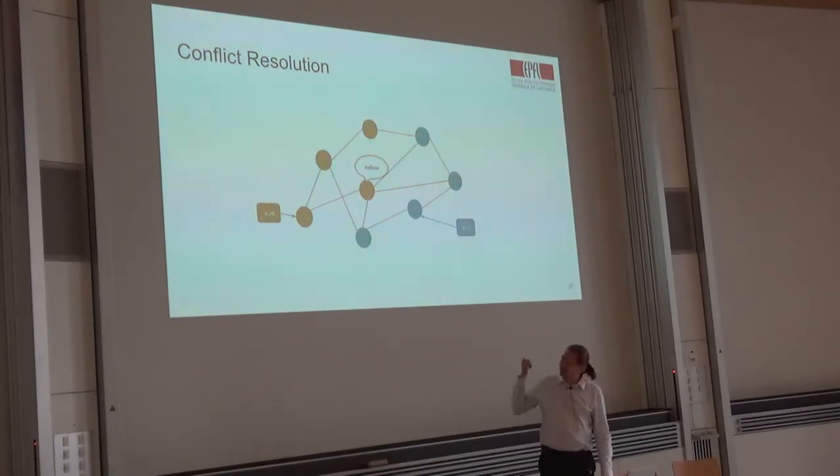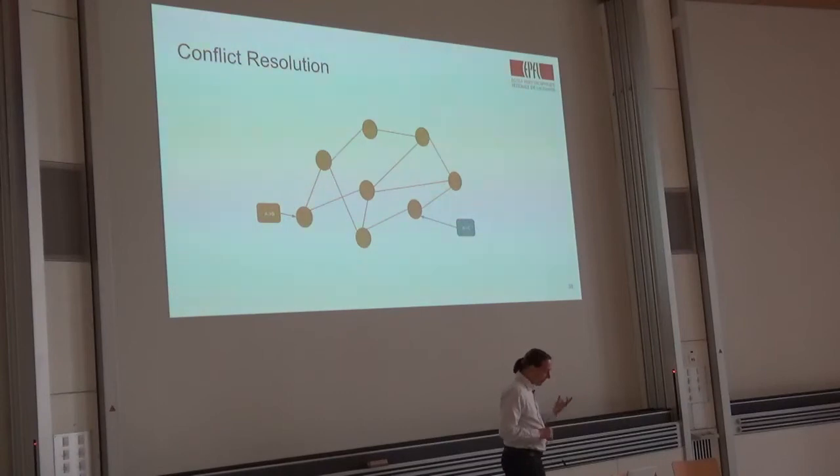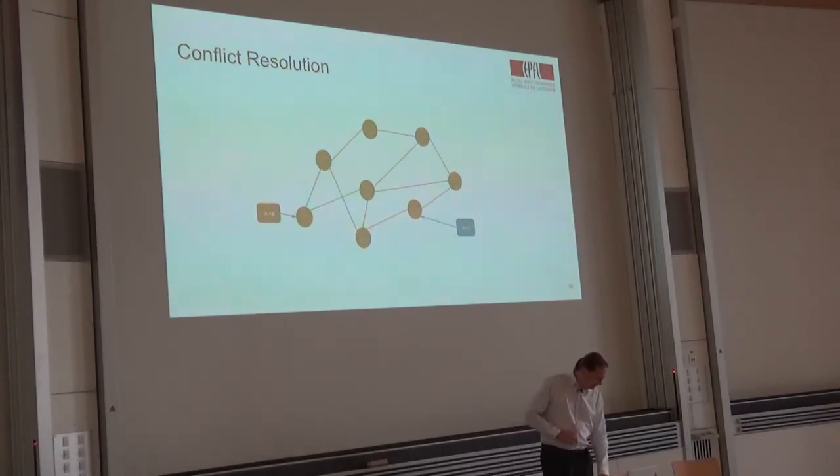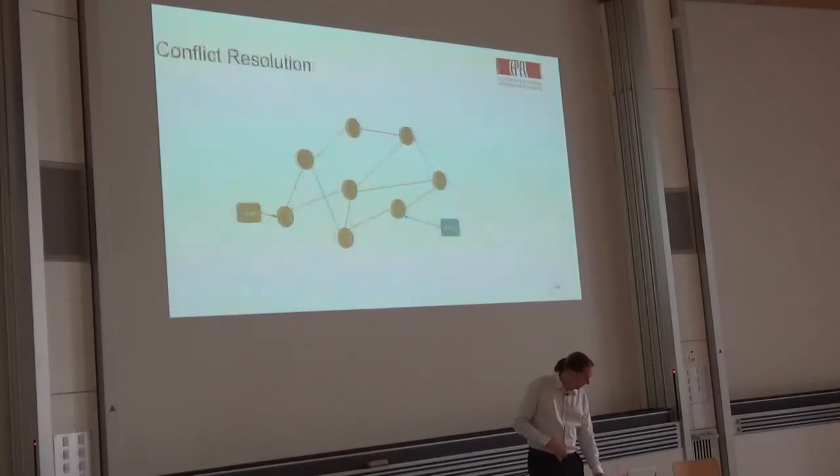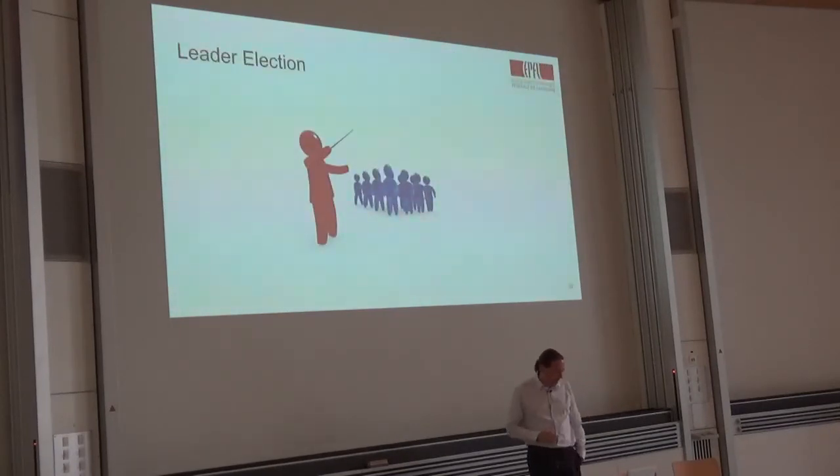And so now this yellow node in the middle has several neighbors that disagree on what the state of the network is, and how do we resolve that, right? And so Bitcoin has a conflict resolution algorithm that eventually ensures that the whole network comes to agree that either the yellow nodes or the blue nodes, the blue transactions win.